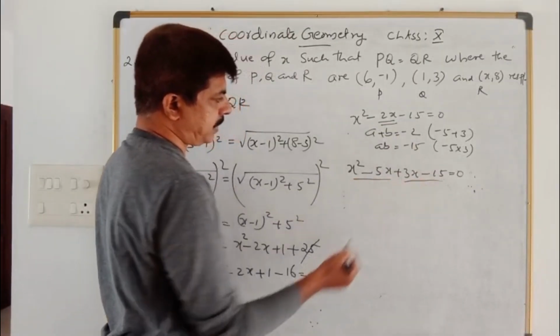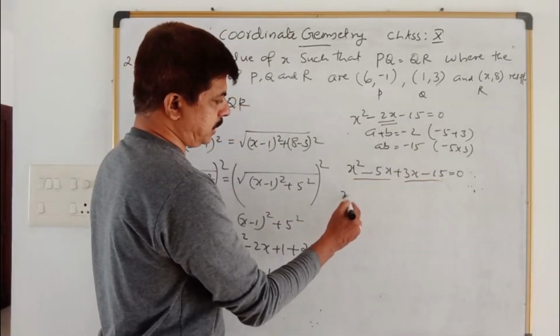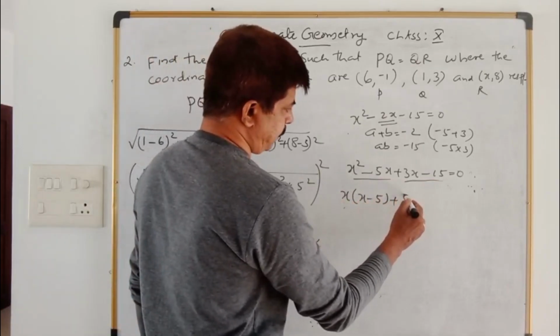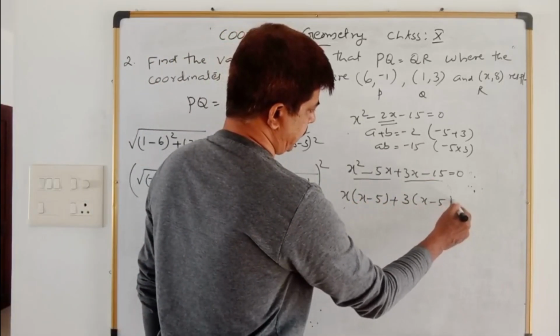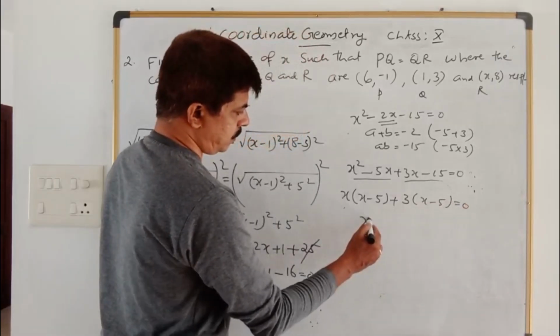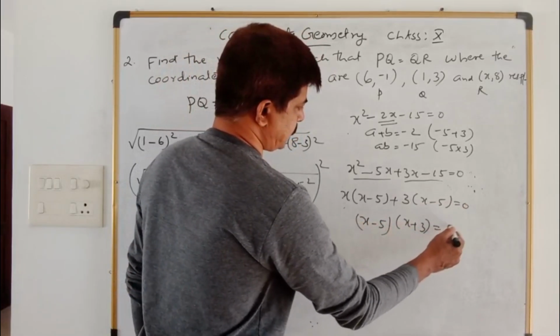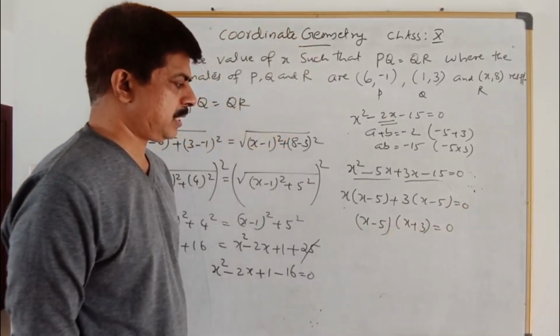We have to take the common factor. In the first two terms x is common. In the third and fourth terms 3 is common. So we form two factors: (x minus 5) into (x plus 3) is equal to 0.